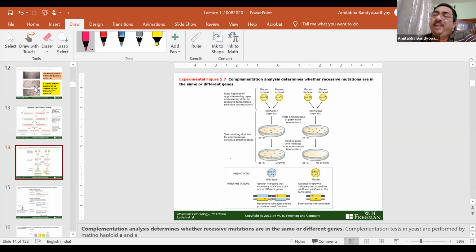Very rarely, there have been cases which is called intragenic complementation. So two mutants mutated in the same gene can also complement each other because of intragenic complementation. Okay. Fine.